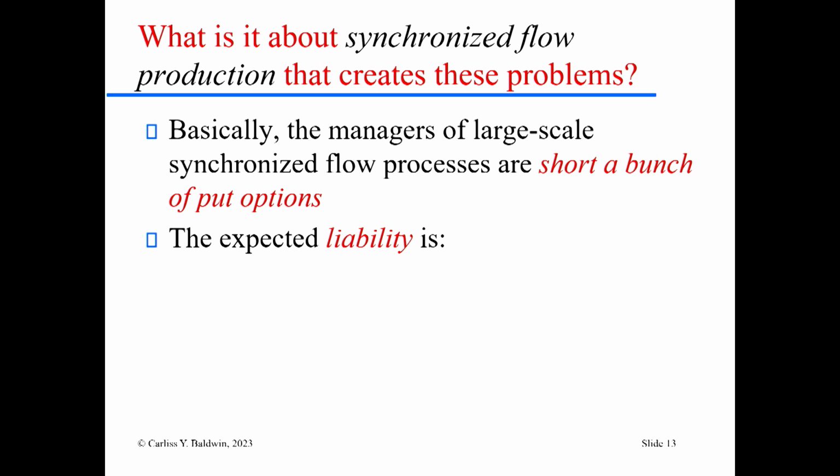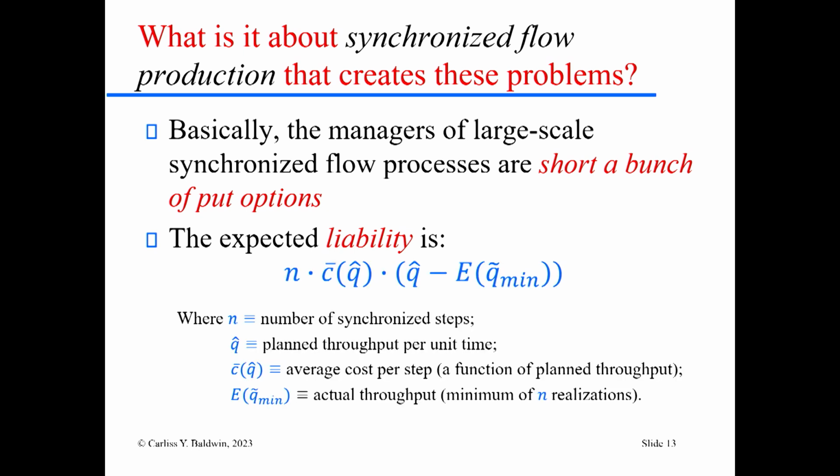Their expected liability is this thing, so N is the number of steps, Q is the planned throughput per unit time, C of Q is the average cost per step, which is a function of planned throughput. You need larger machines to put more stuff through.